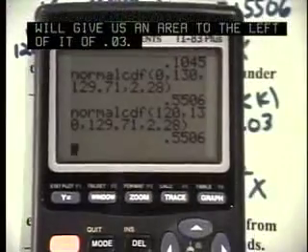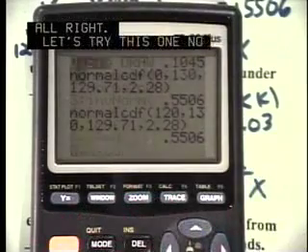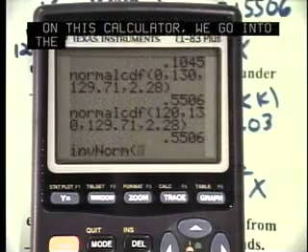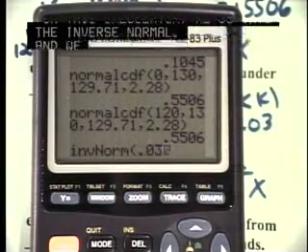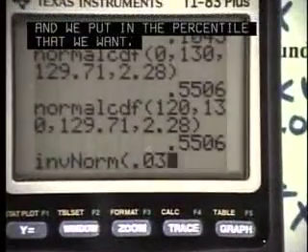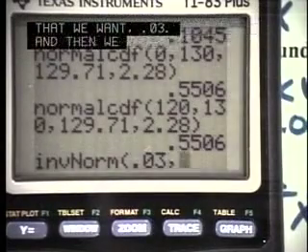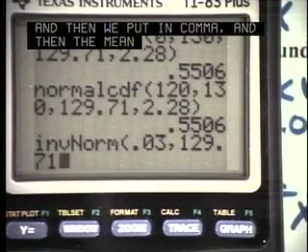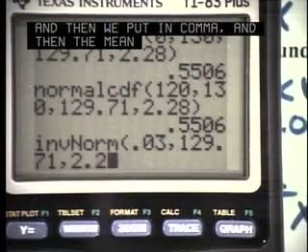All right, let's try this one now. On this calculator, we go into the inverse normal, and we put in the percentile that we want, 0.03. And then we put in comma, and then the mean, and the standard deviation.